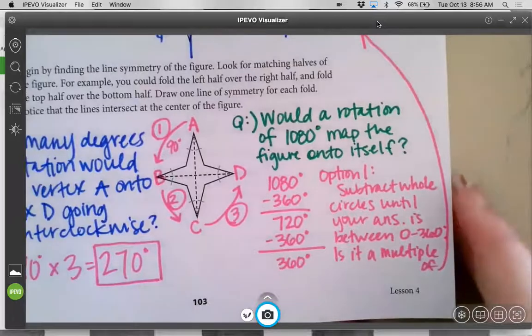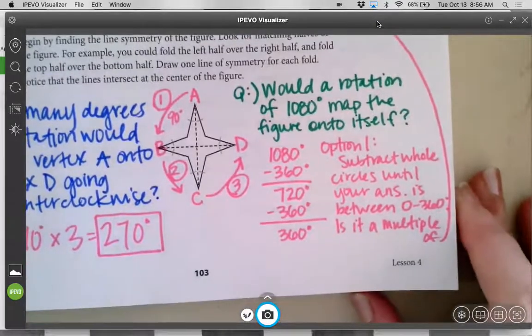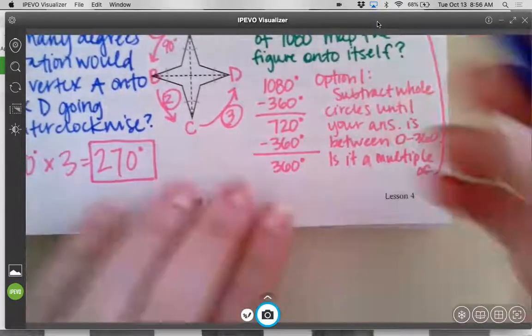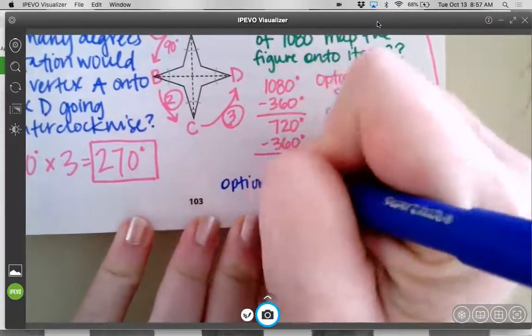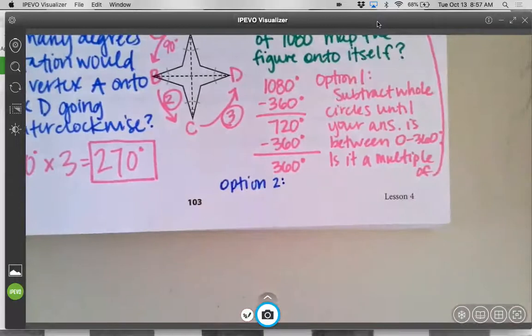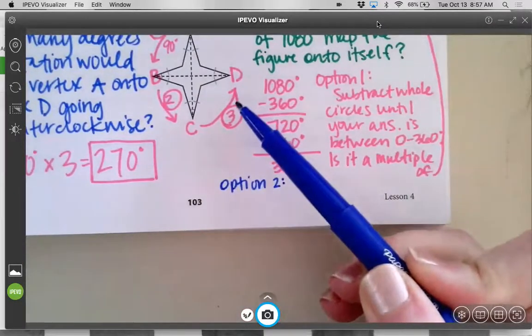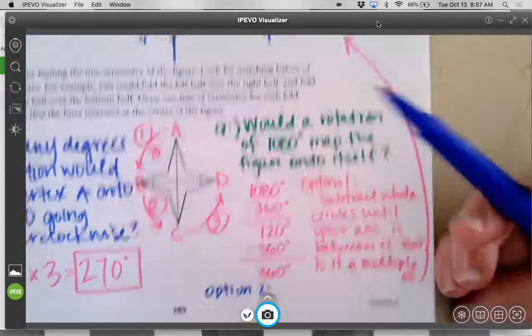If you do subtraction repeatedly, another thing you could do is divide. And I like this one better. But instead of dividing by 360, I just divide by the degree of rotation from one corner to the next, in this case 90 degrees.